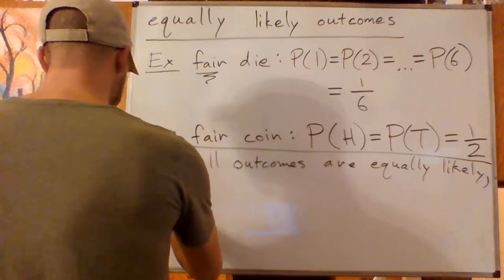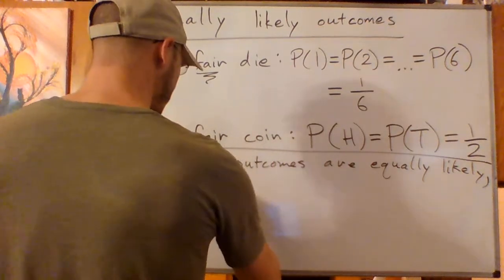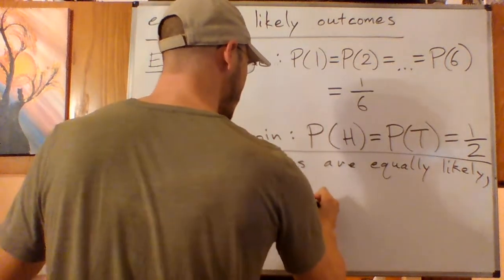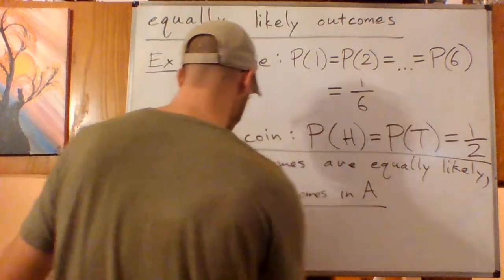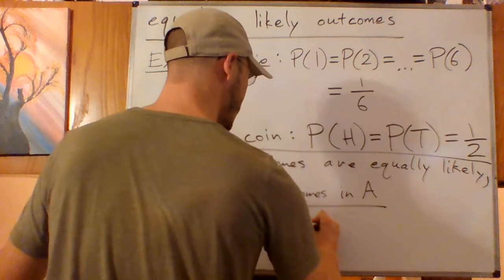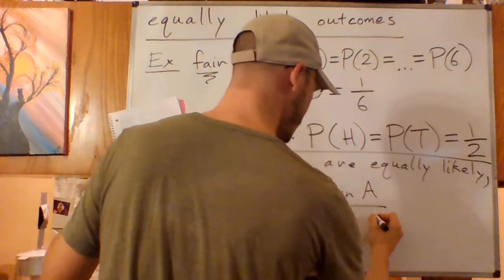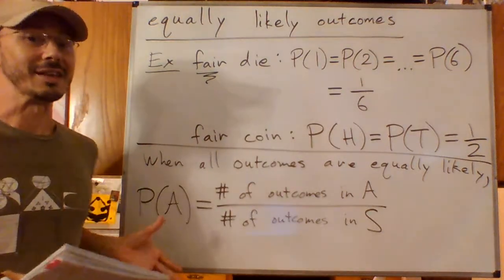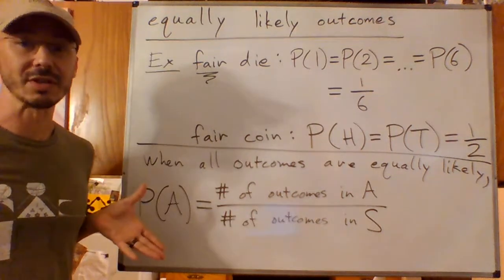The probability of the event is equal to the number of outcomes in A divided by the number of outcomes in S. And I think this is a better definition of probability than the previous ones.